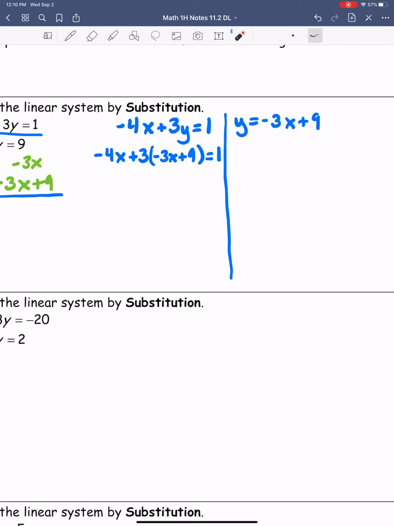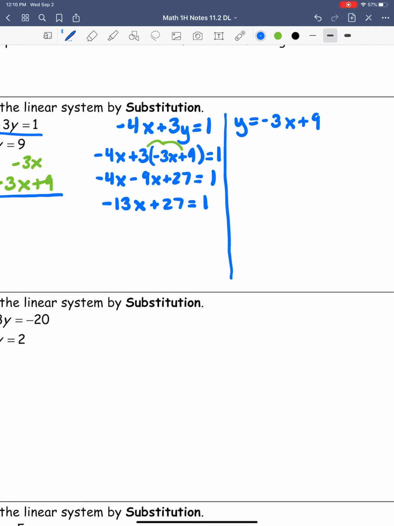And now I can solve this equation, so it's going to be some distribution that I've got to do here, right? Distributing this 3, so I'm going to end up with negative 4x minus 9x plus 27, and that equals 1. And then I'm going to combine like terms, so that's going to be negative 13x plus 27 equals 1.